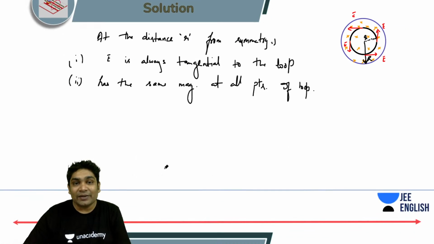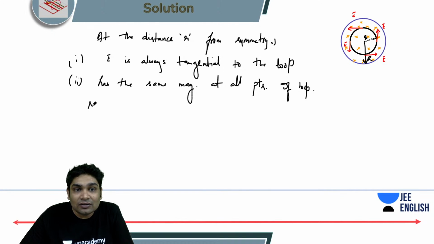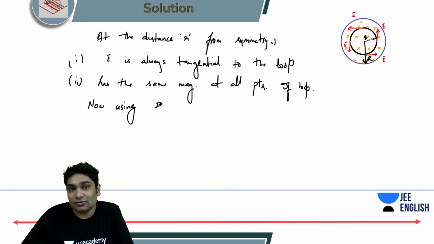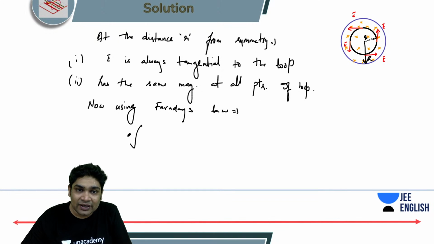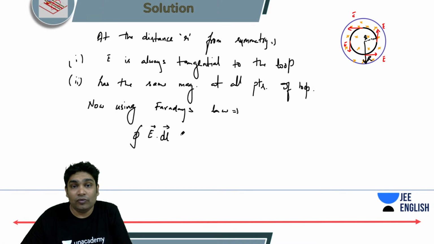So now, using Faraday's law, what I can say is that closed integral E dot dl would be equal to minus dB by dt.